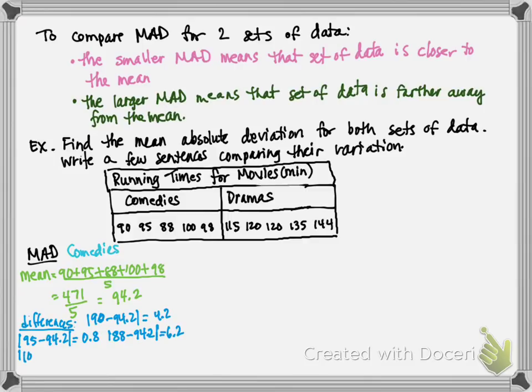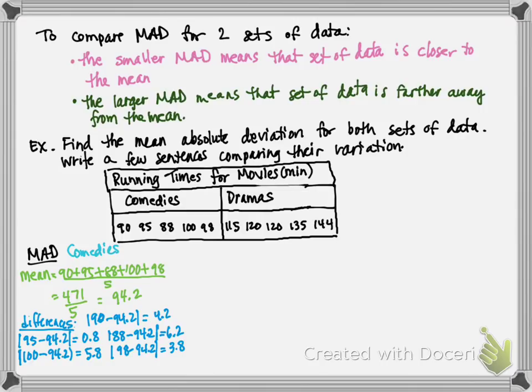Then we have the absolute value of 100, take away 94.2, and that's going to give me 5.8. And last but not least is 98, take away 94.2, and that's going to give me 3.8.